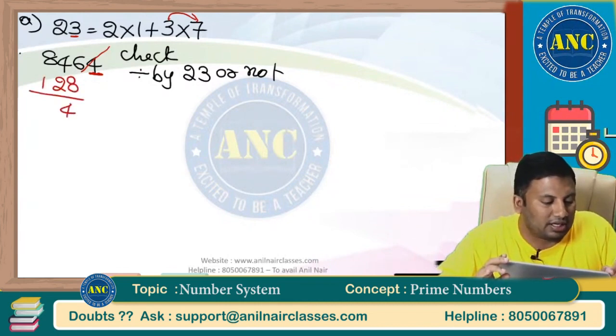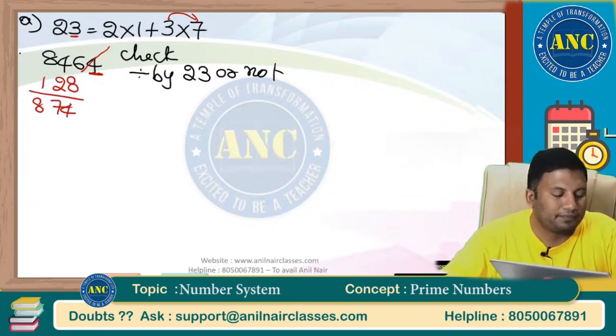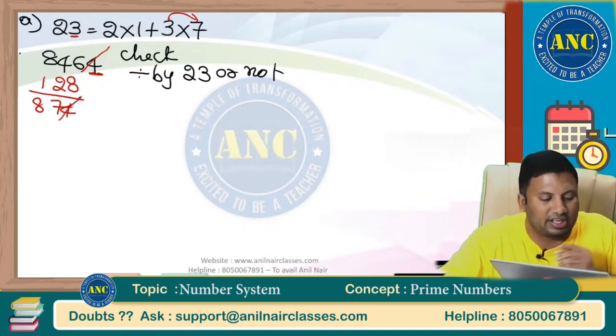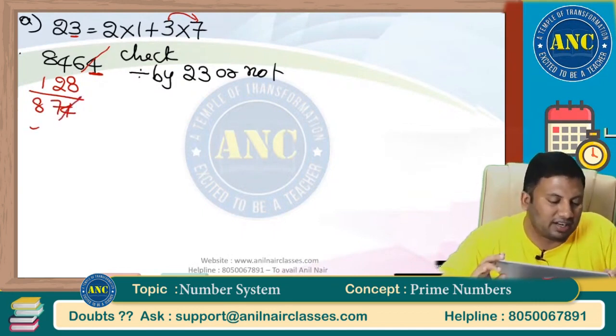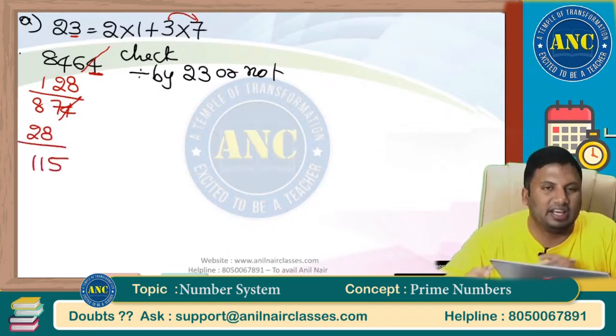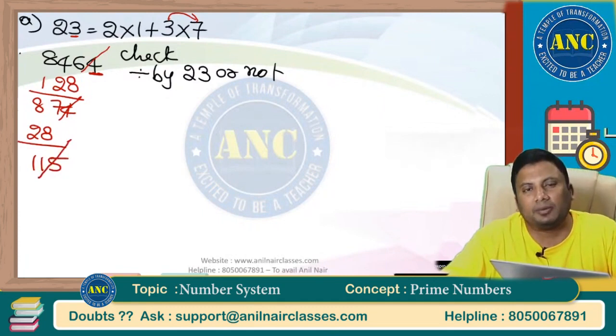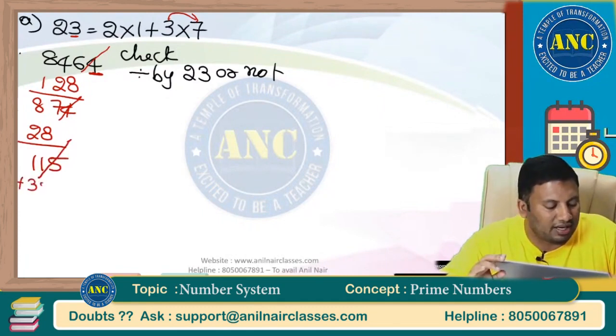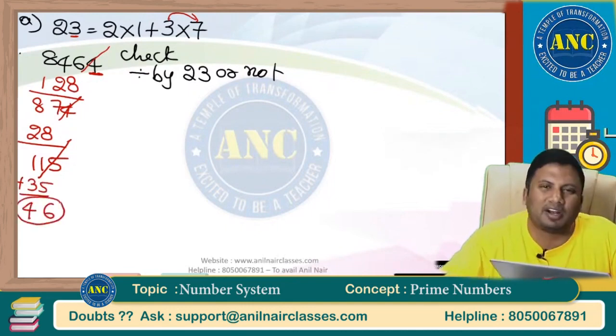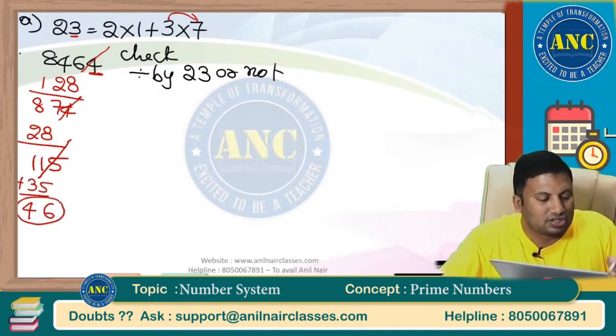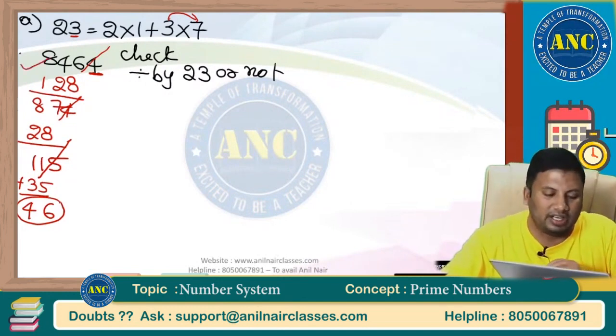This is nothing but 874. Again take the unit digit, multiplied by 7. 4 7s are 28. 87 plus 28, 115. Take the unit digit, multiply it by 7. 5 7s are 35. 35 plus 11, 46. Anyway, 46 is 2 into 23. So the number is divisible by 23.